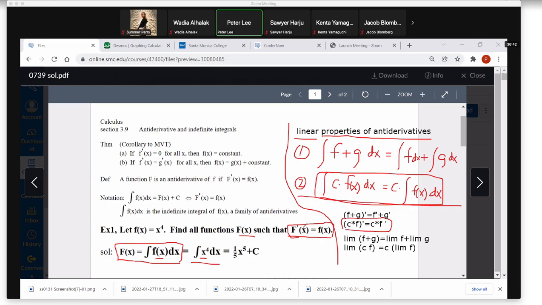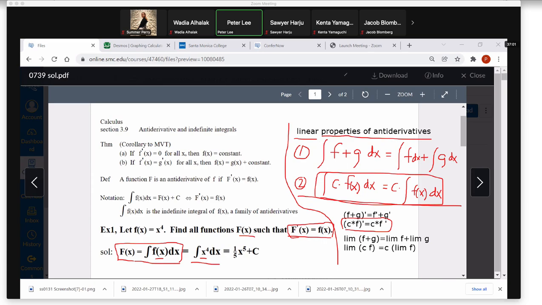If the derivative of x to the 5th power over 5 is x to the 4th power, then we can always adjust by a constant multiple. That's the constant multiple property of differentiation, which is one of the two major properties of differentiation.